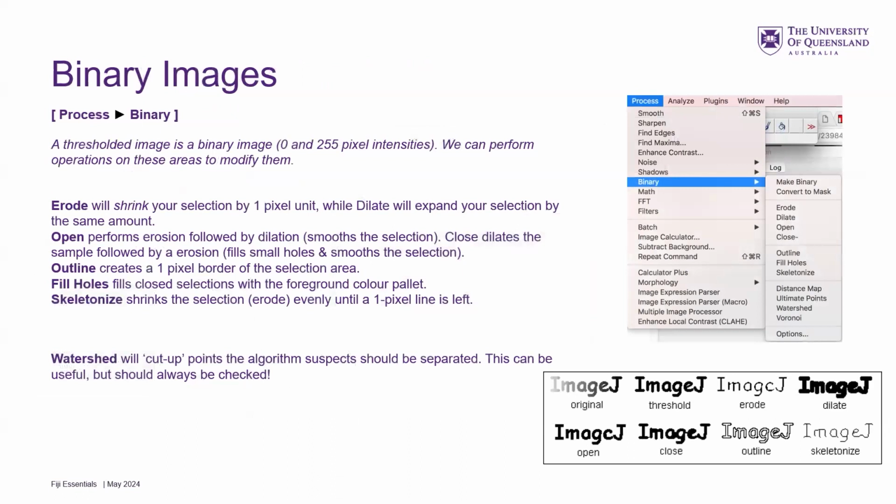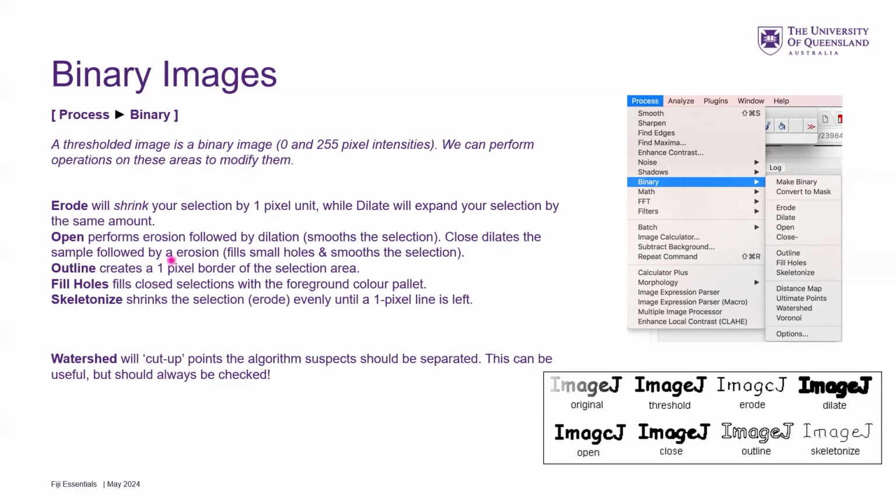Once you have a binary image, under Process, Binary, there's a whole bunch of tools. And there's the lovely ImageJ diagram down in the corner here, where you can see that it's a gradient. And then when you threshold it, it's all the same. It's all 1. So here it's black, so it's inverted.